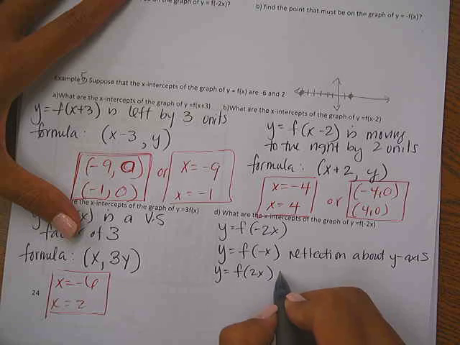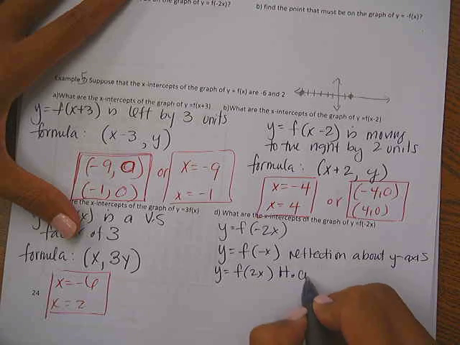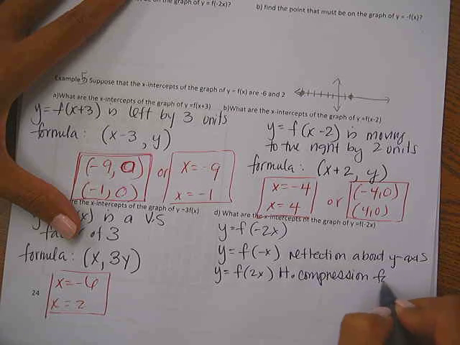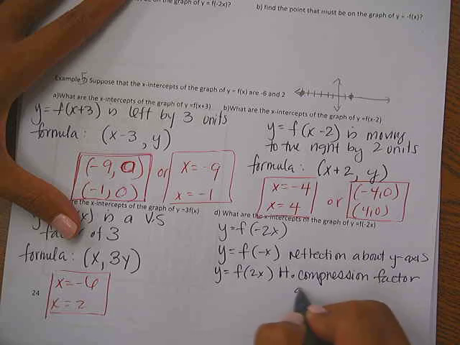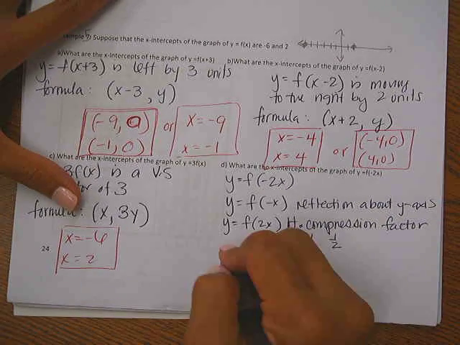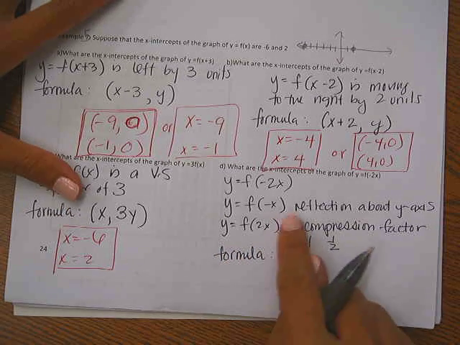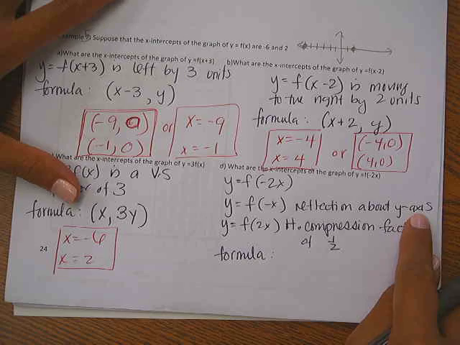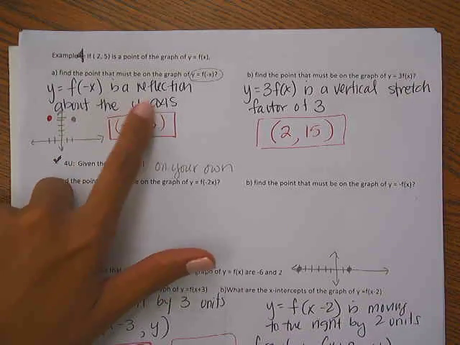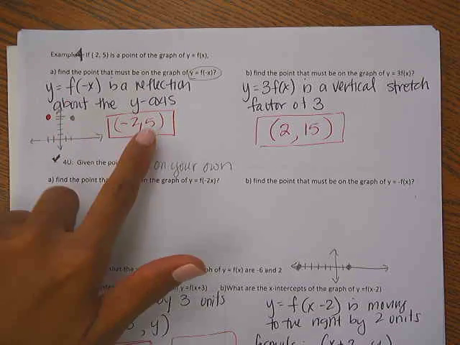The 2 inside is a horizontal compression factor of 1/2. So if I were to write a formula, a reflection about the y-axis means the x is going to change.